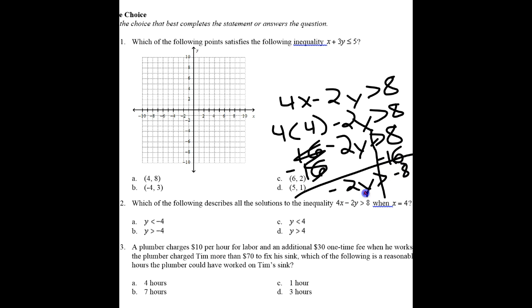And now to get that y by itself, I have to divide by negative 2. So I now have y. Negative 8 divided by negative 2 is positive 4. And anytime you divide or multiply by a negative number, the inequality sign flips. So our answer is y is less than 4. So our answer is actually C.